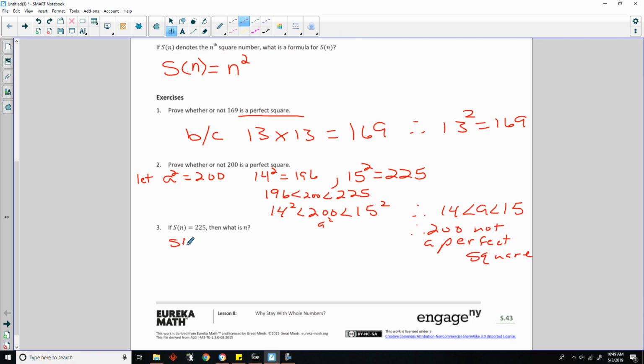If S of n equals n squared and S of n equals 225, then by the transitive property, if a equals b and b equals c, then a equals c, we can conclude that n squared equals 225. To solve for n, I can take the square root of both sides, and the square root of n squared is n, and the square root of 225 is 15.